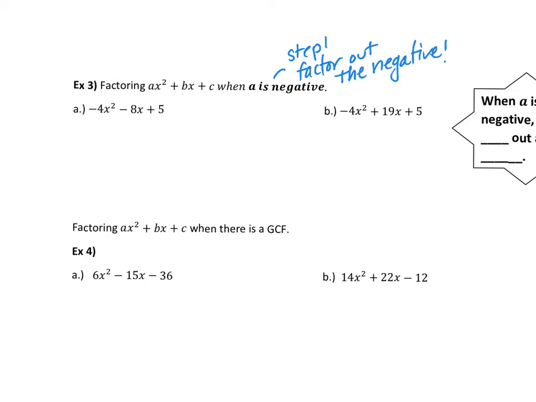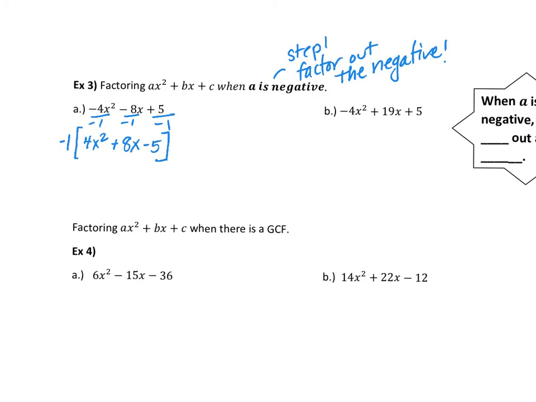Okay, so how we do that is we divide everything by negative 1. So that goes out in front, and then what's left over is a positive 4x squared plus 8x and now minus 5. So the signs of everything just changed.